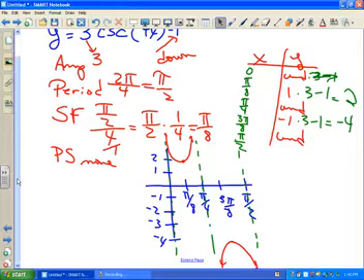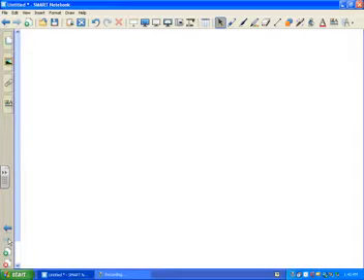So let's look at secant now. Maybe do a couple examples of that to see if we're on the right track. Maybe we need the generic one first, just to make sure that everybody sees that it's the same. So y equals secant of x. Let's start off with our general information.